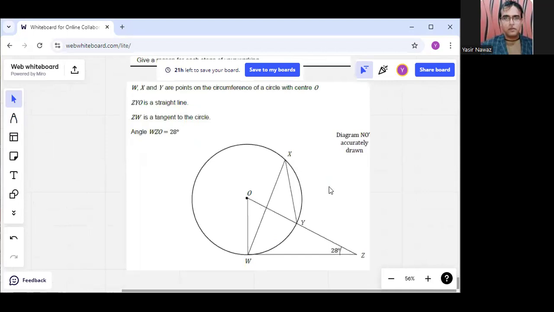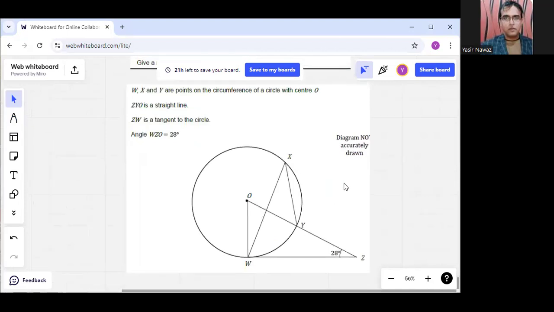W, X and Y are points on the circumference of a circle with center O. ZYO is a straight line. ZW is a tangent.